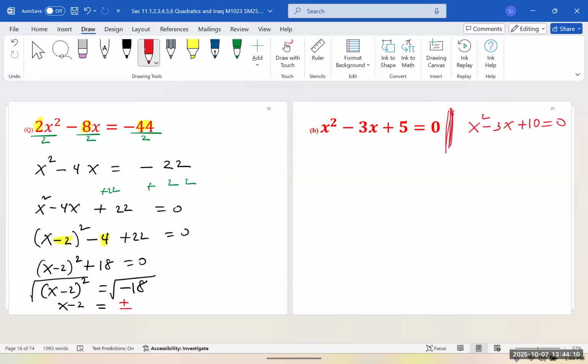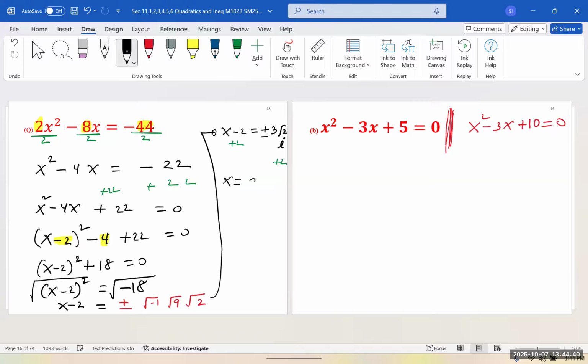But you have to split, right? So it's negative 1, and then what? 9 and 2. 18 is 9 and 2, right? You have to split it. Plus minus 3 root 2 i. And then we add the 2.